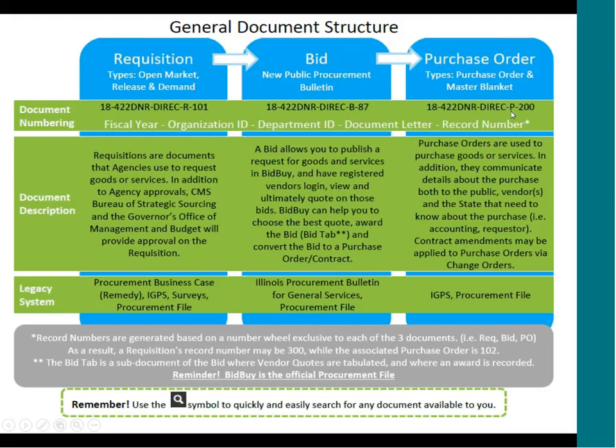Your procurement will not maintain the same number as it moves through the system, but it's easily accessible by knowing whether it's currently an R, B, or a P, and then that number. We will show you how to look up a procurement based on those numbers. The document descriptions we're going to go over slide by slide in just a few moments.